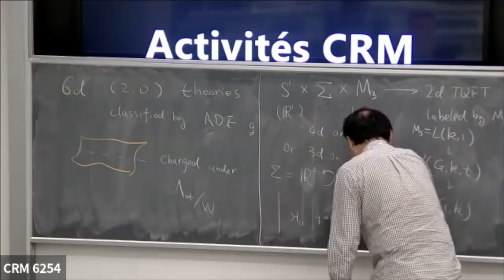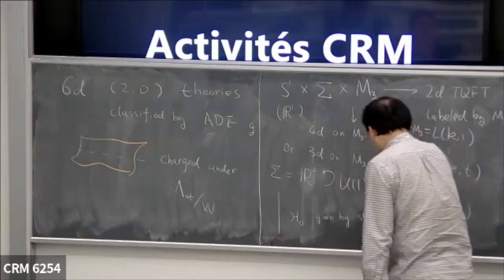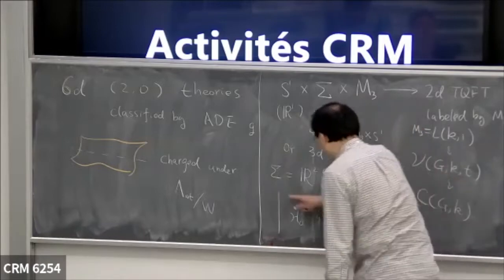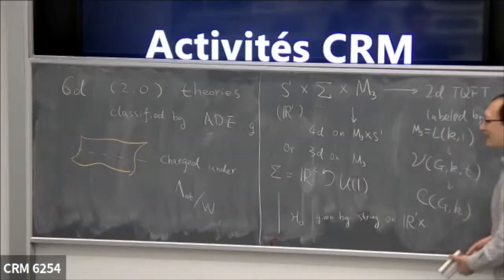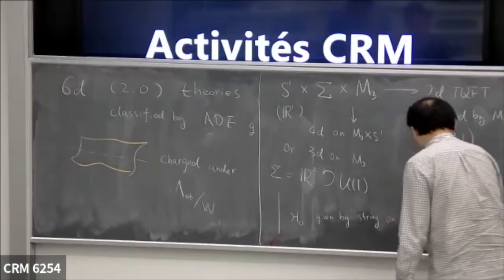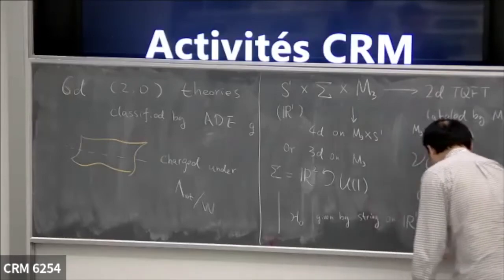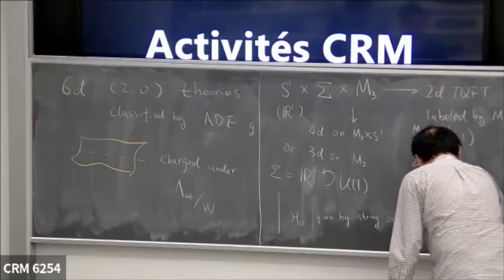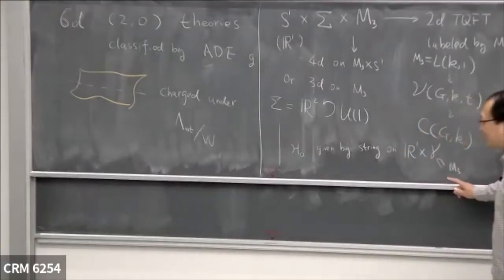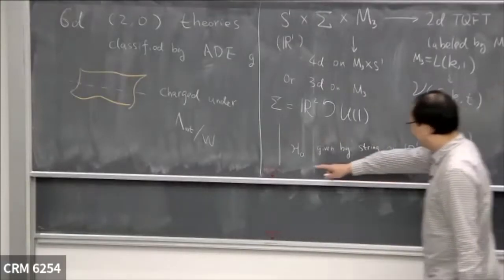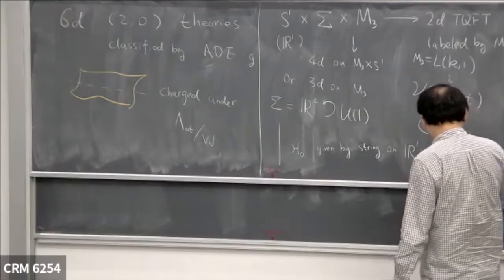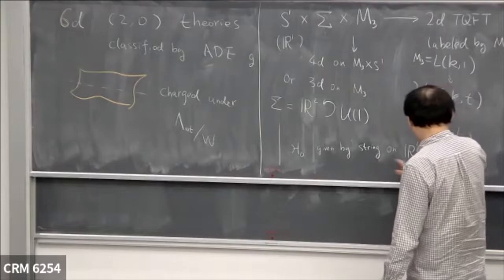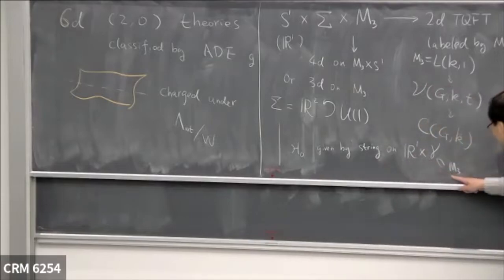And strings are, as I mentioned before, two-dimensional. This is one direction, and then we need another direction. And that's supposed to be inside M3. So we will take some gamma, and that's inside M3. But the string has charges, so we can decompose this according to the charges of the string. And then for some reason, this only depends on the homology class of this.